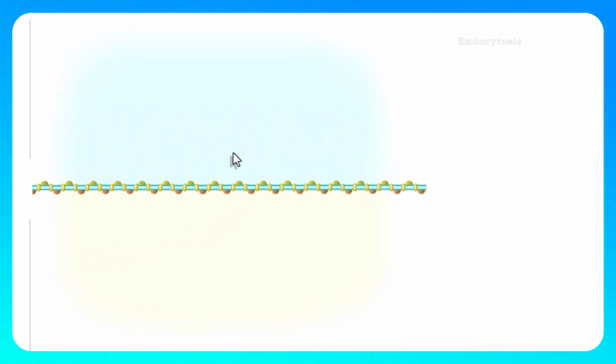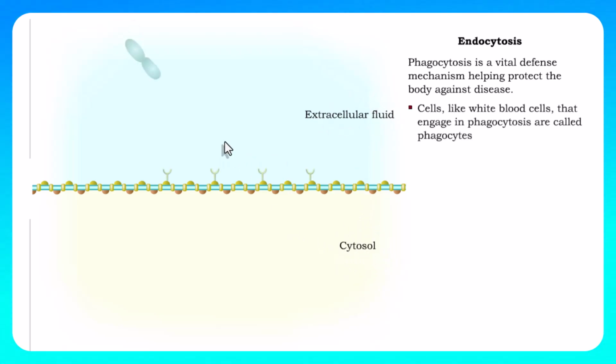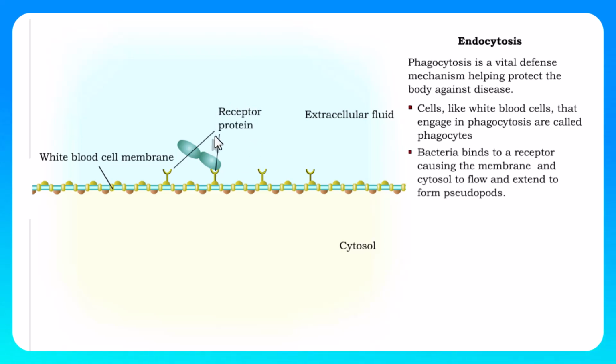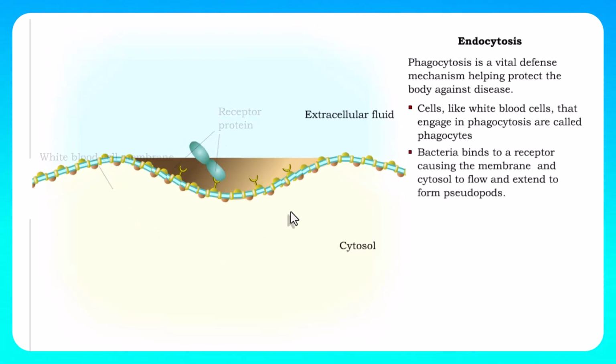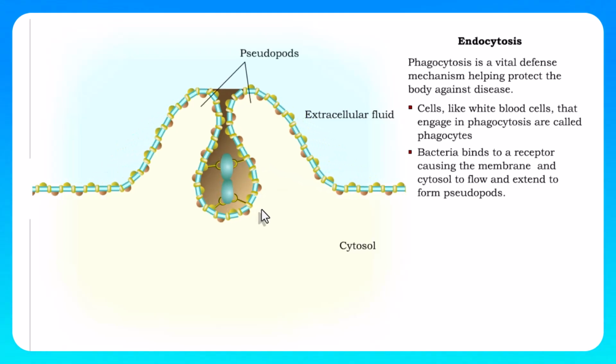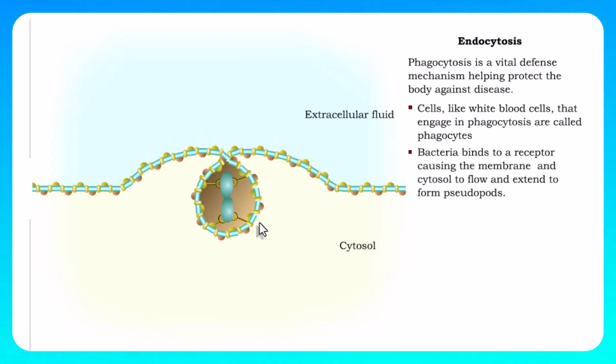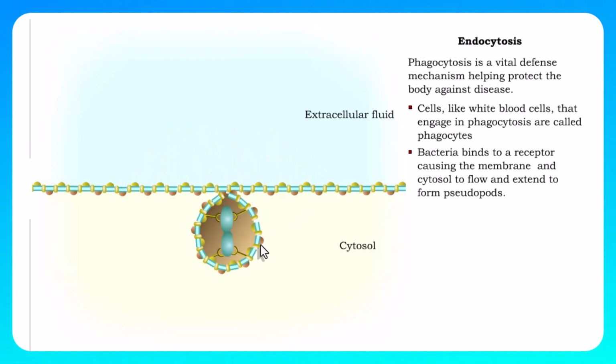Phagocytosis is a common form of endocytosis and part of a vital defense system protecting the body from disease. Large particles like bacteria bind to a receptor, causing the membrane to extend to form pseudopods, which then surround the bacteria, forming a vesicle called a phagosome.